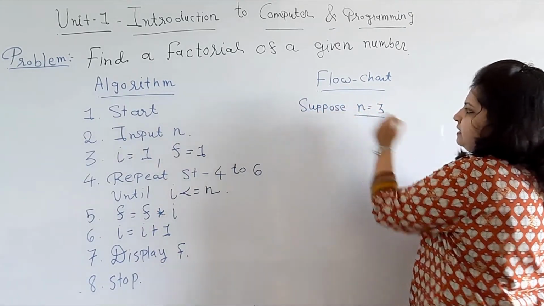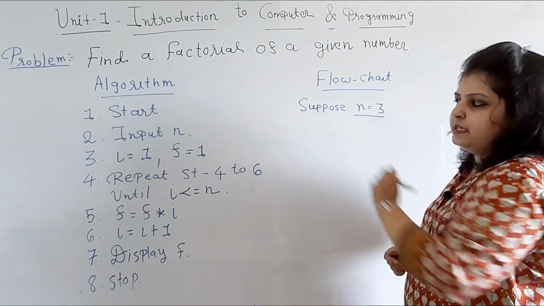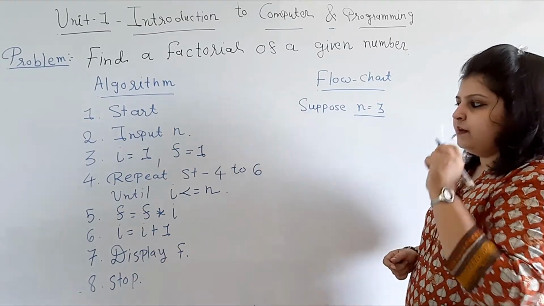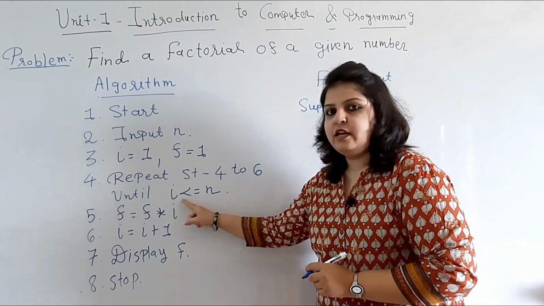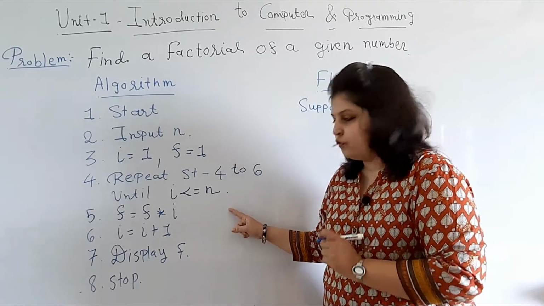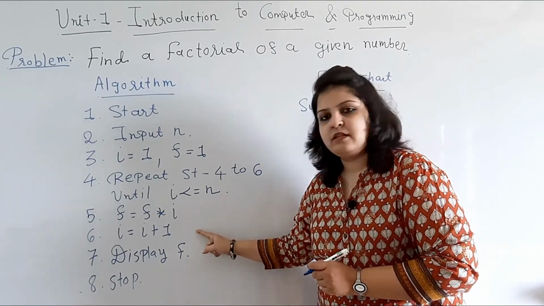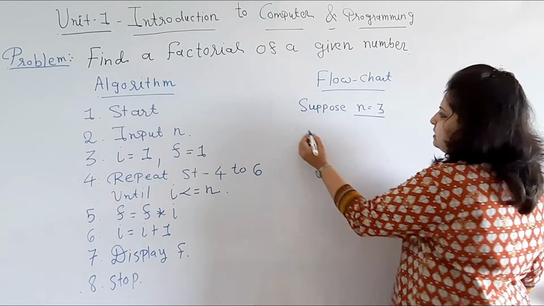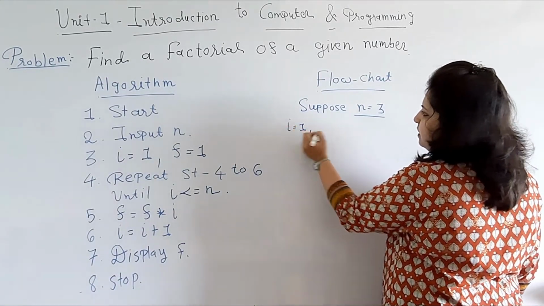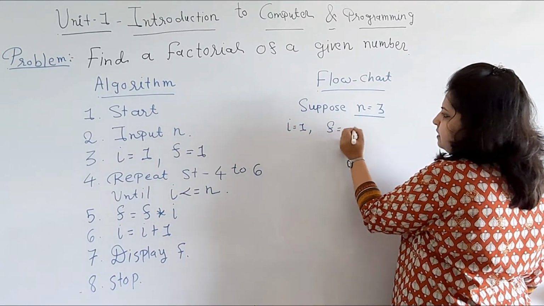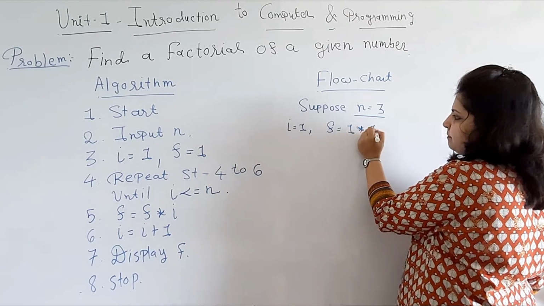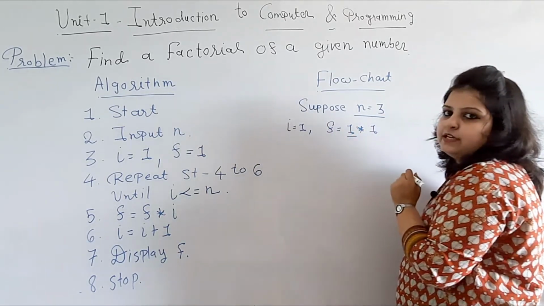Now let's see how it will execute. Suppose n is equal to 3 and f is equal to 1. In the first step check the condition 1 less than or equal to 3, condition true. Then these two steps will execute. In the first step, f is equal to 1 into 1, because initially our f value is 1.